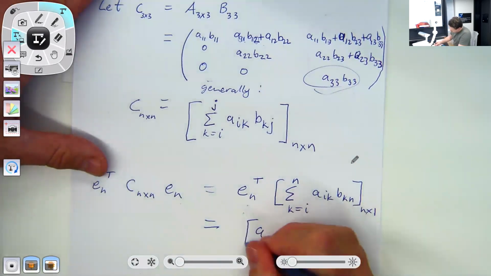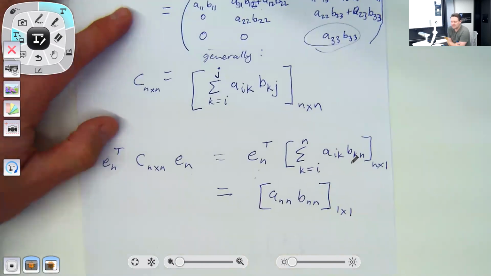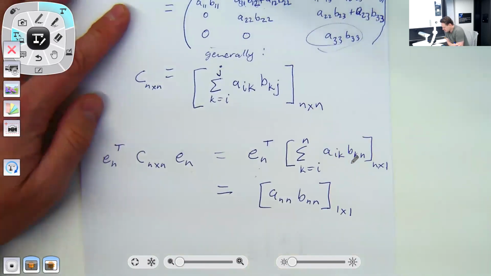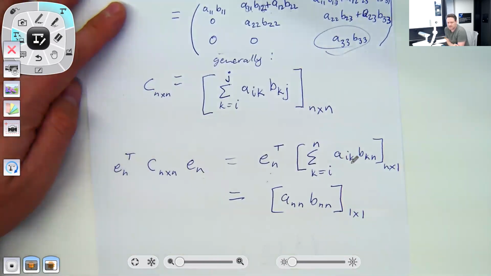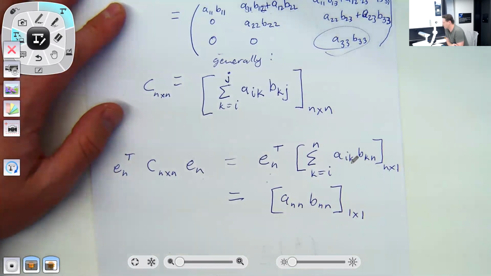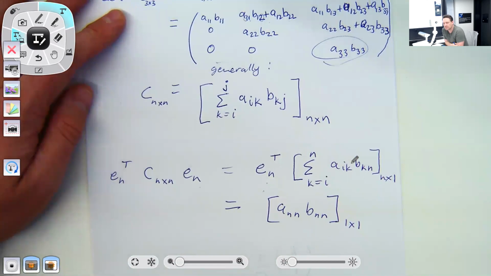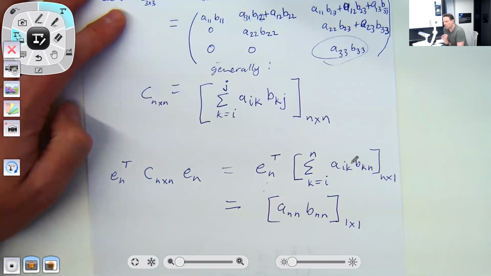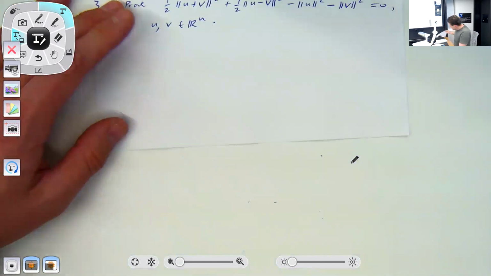That is still a matrix, but it's 1 by 1. All good? Again, there are other ways to do that. You could have just made the observation, but you would have had to justify that properly mathematically, in some well-written words. All right, let's move on and have a look at the next question.